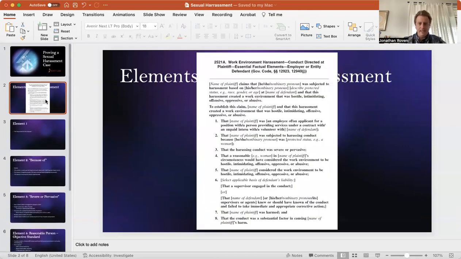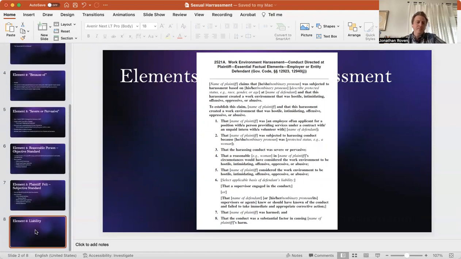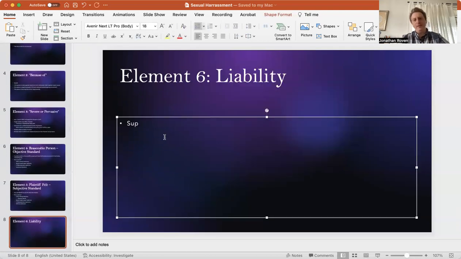So the 6th element says that the supervisor engaged in the conduct, or that supervisors or agents knew or should have known and failed to take immediate appropriate corrective action. So in California, if a supervisor engages in the conduct, then that is strict liability. That means that they are liable, and now all you have to prove is just damages.